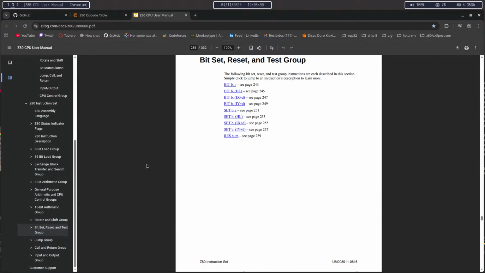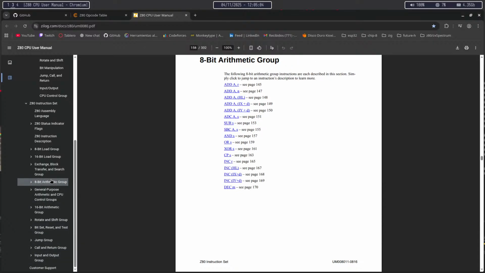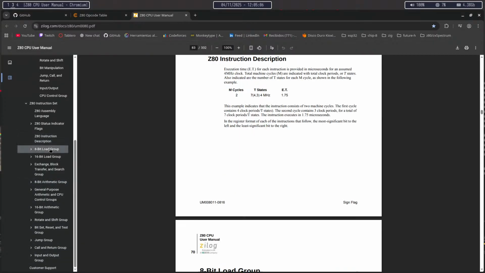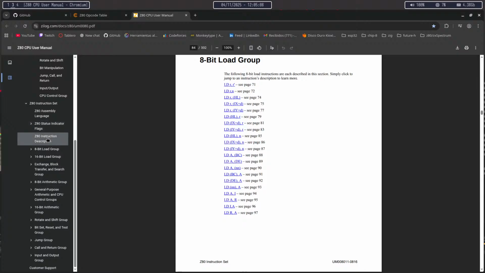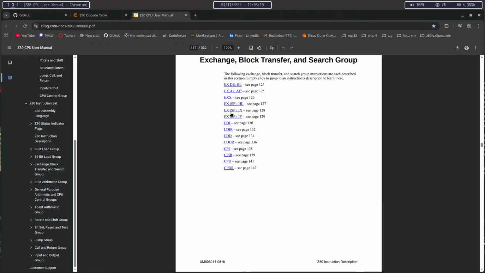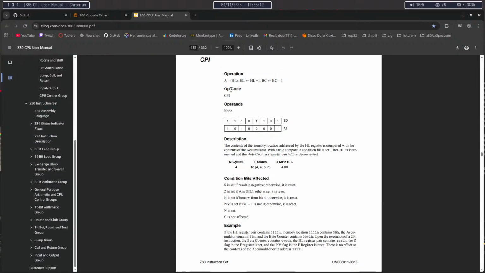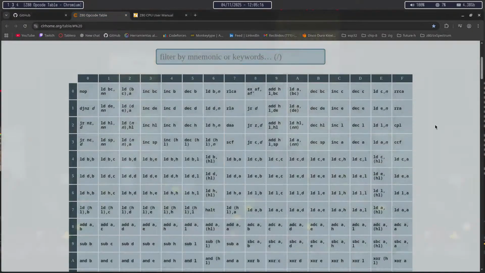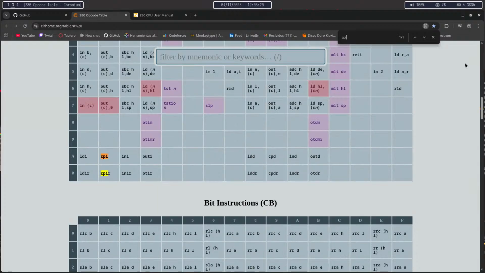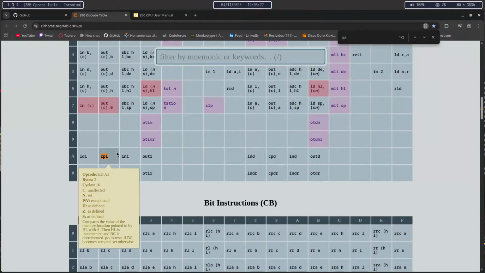Bit reset and test group, not. Which one is it? Exchange block. Is this one L or what? CPI. And this is CPO. CPI? There is a CPI.